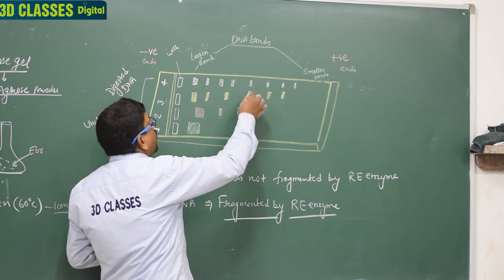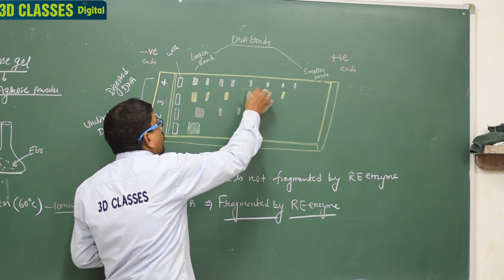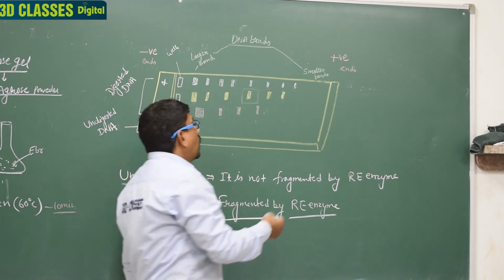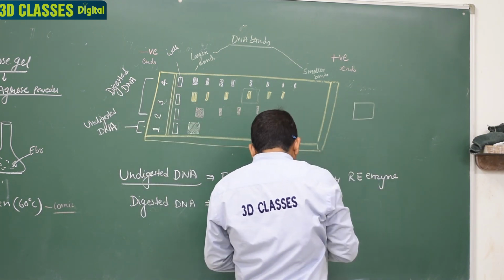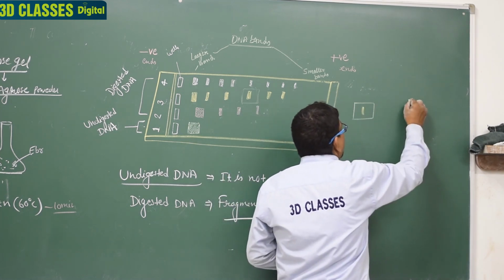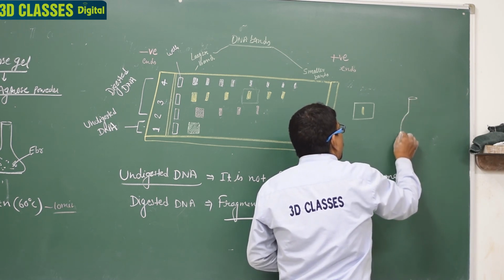And a desired band. When we require a desired band, we cut it with a knife. We cut this band and remove it, then isolate this band in a flask.